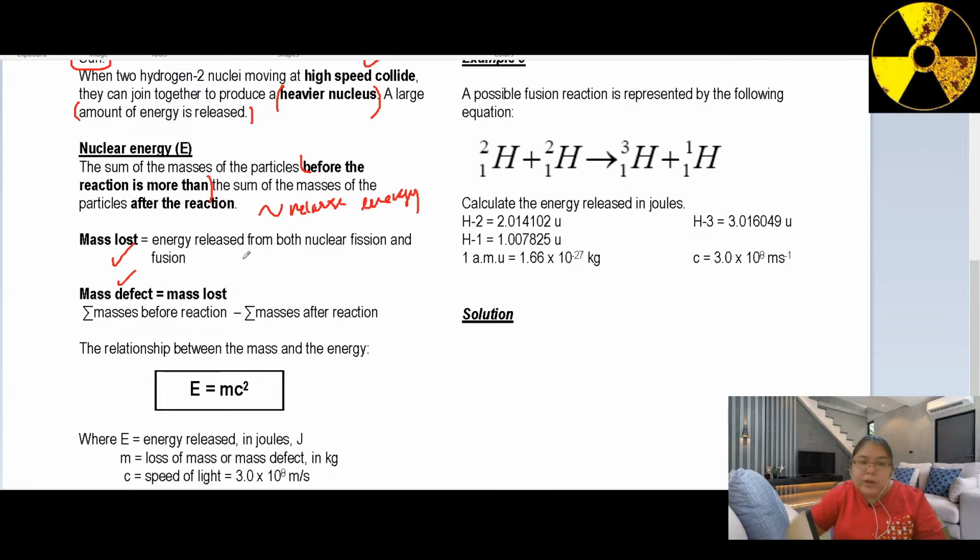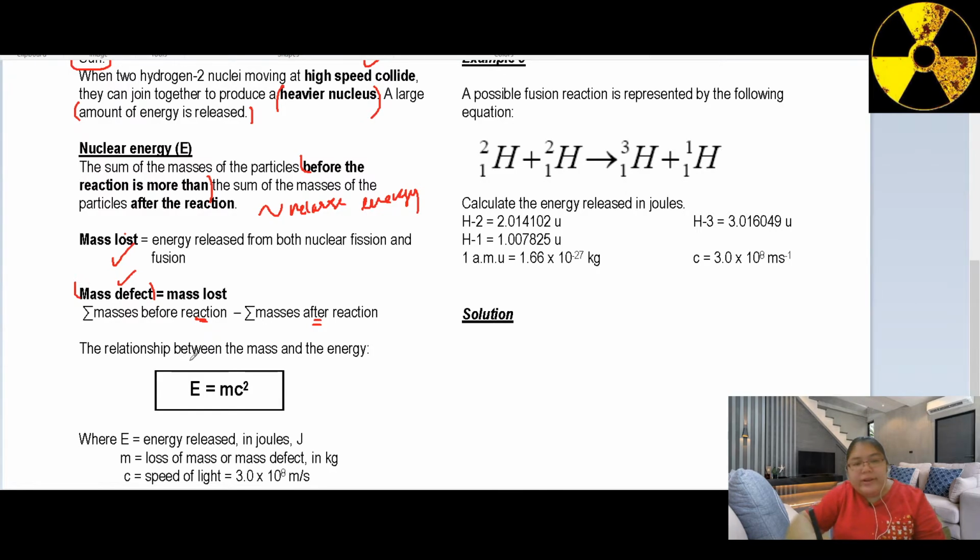Then we just assume there's a mass loss. So they put equal: mass loss equals energy released from both situations. So this mass loss, we call it the mass defect. Total mass before reaction minus total mass after reaction. So this one we call mass defect.